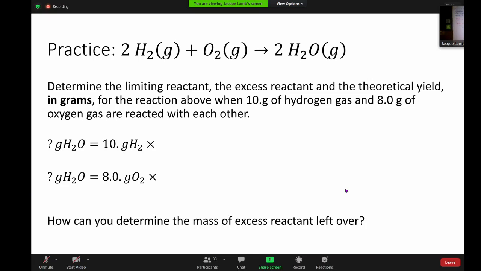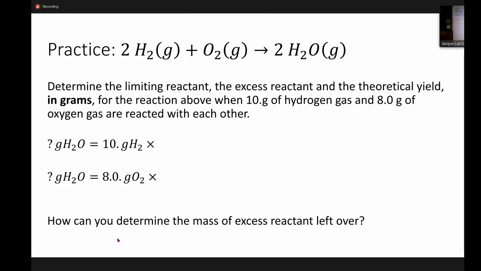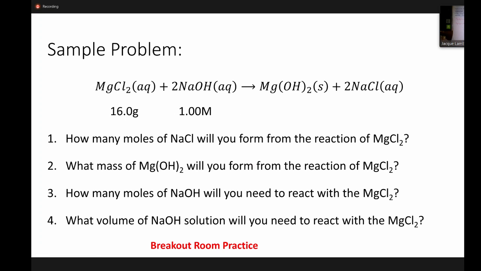So there was my last question. How can you determine the mass of excess reactant left over? So here is another sample problem. I'm going to do this one for you, and then I'm going to put you in a breakout session where you can practice one. So I've asked 4 different questions on this.